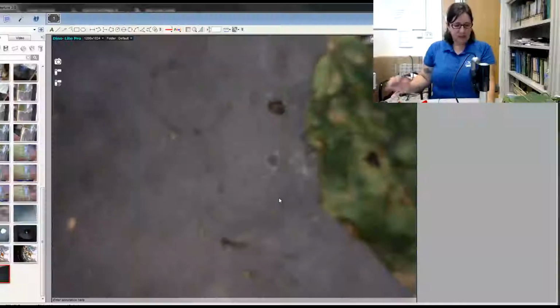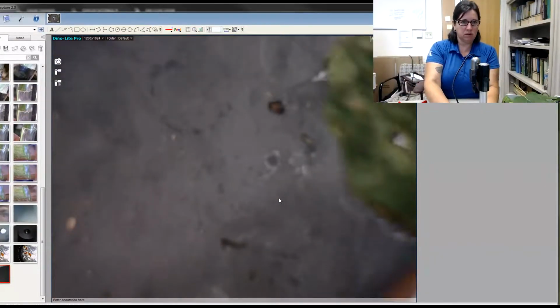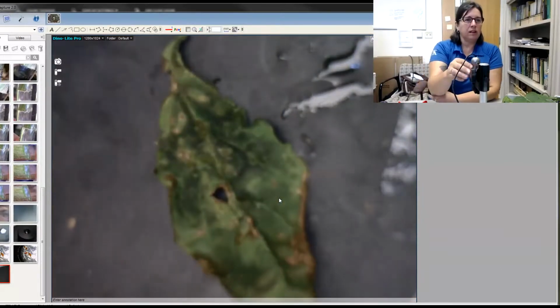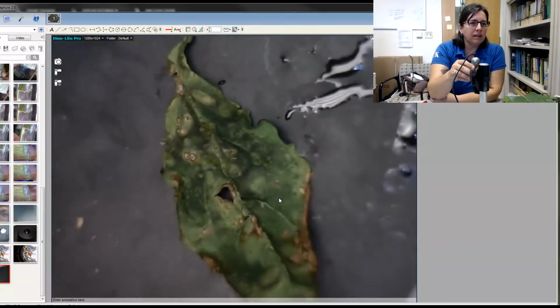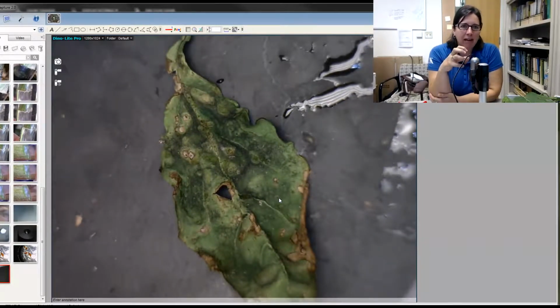All right. I am going to show you what we call water soaking. Here we go. Look at the wetness. You see that greasy or wet, kind of that blackening in that leaf tissue, that is a very extreme case of water soaking. Water soaking is usually really indicative of a bacterial pathogen.